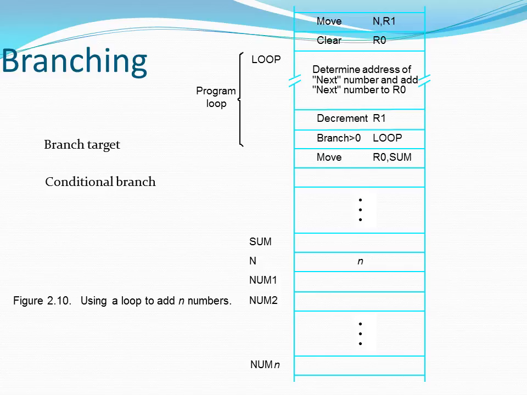And here, decrement r1; r1 is used as a counter. Why? Because every time the r1 register is decremented. After performing the decrement operation, if the result is greater than 0, the loop will continue. Whenever the result is not greater than 0, the final result is stored in sum. So this is how we can perform addition of n numbers by using branching.